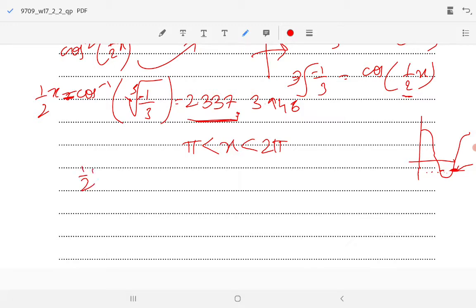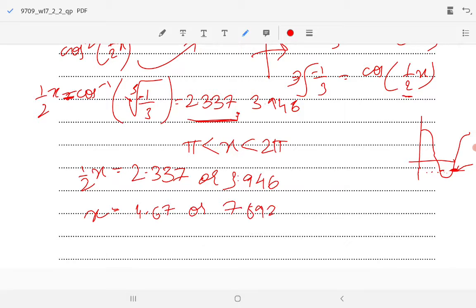So half x equals 2.337 or 3.946. So x is going to be equal to 4.67 or 7.892.